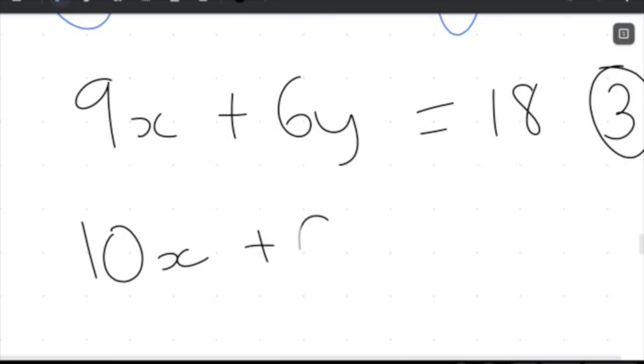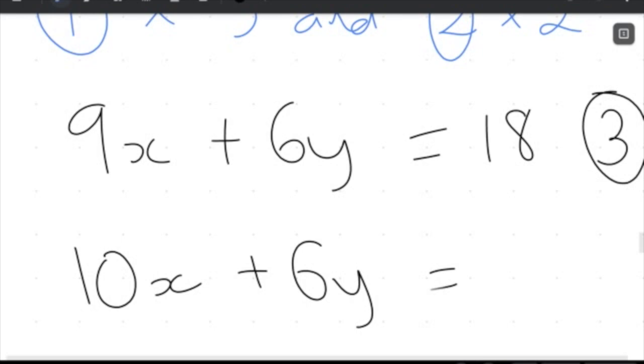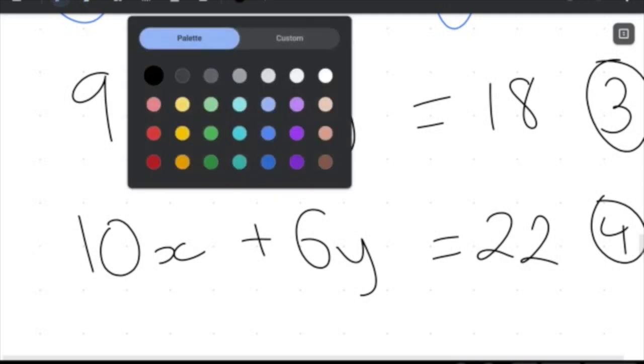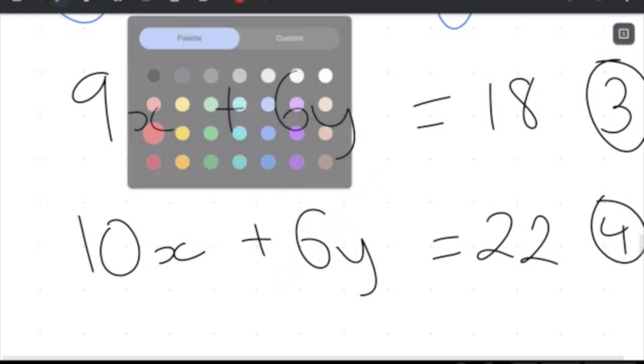I'm going to get 6y here, and I have 11 times 2, that gives me 22. And I'm going to call this equation 4. All right, now, if I subtract one from the other, my variables here of 6y, 6y, they're going to get eliminated once I do this subtraction.